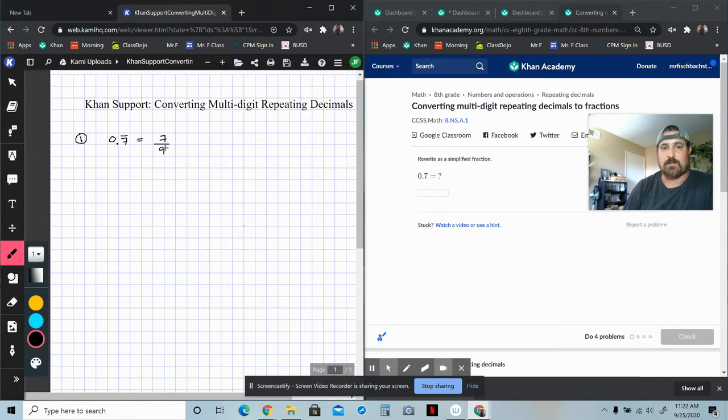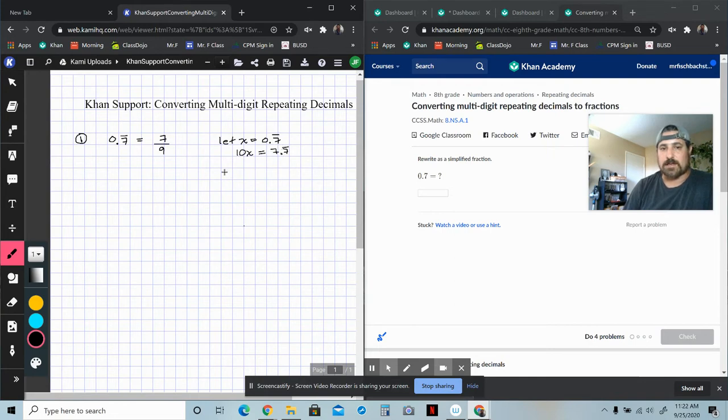And if you want to know why that's the case algebraically, it's because you'd say let x equal 0.7 repeating. Then we can multiply by 10 to get rid of this repeating element, because if we multiply by 10, we can isolate that repeating element and remove it. So 10x would be equal to 7.7 repeating.